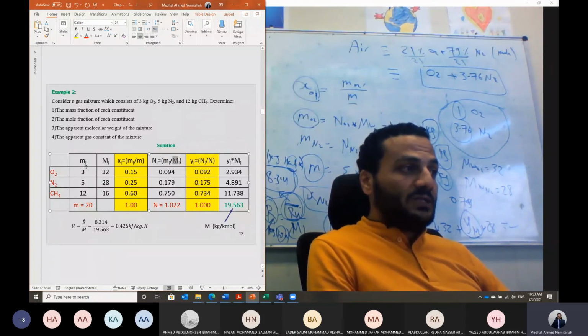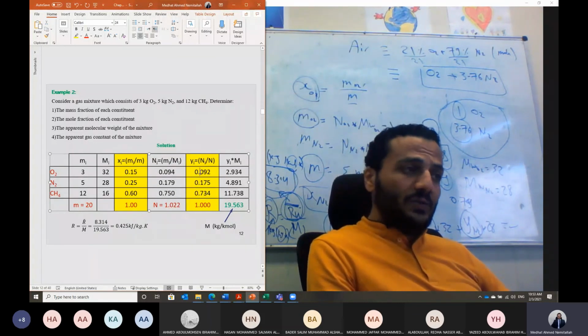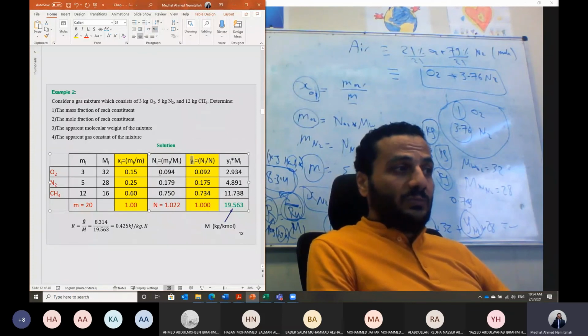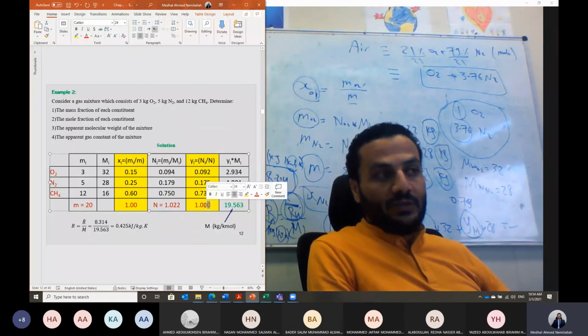Then we sum them up to get the total number of moles. Then we can calculate the mole fraction, which equals the number of moles for each component divided by the total number of moles. And they should sum up to 1.